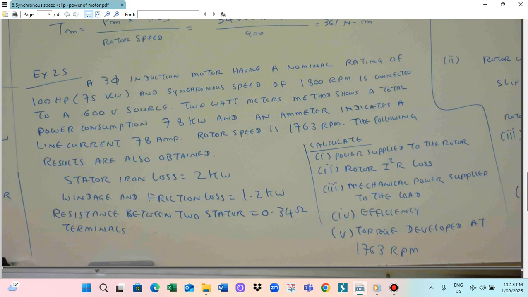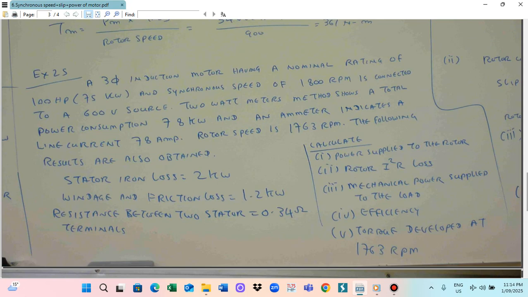Total power consumption is 78 kilowatt, and the ammeter indicates line current of 78 ampere. The rotor speed is 1763 RPM. The stator iron loss is 2 kilowatt, windage and friction loss is 1.2 kilowatt, and the resistance between two stator terminals is 0.34 ohm. So those are the data we got.